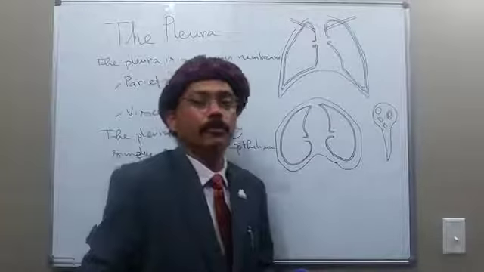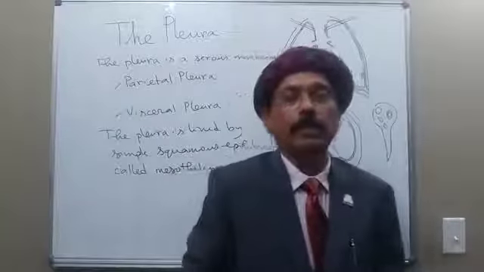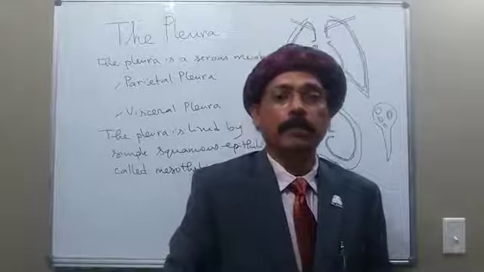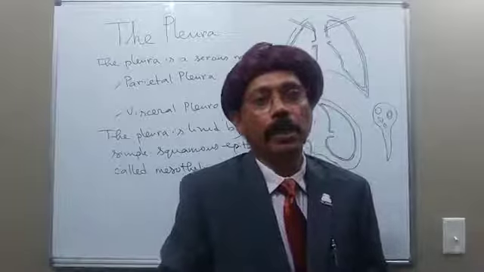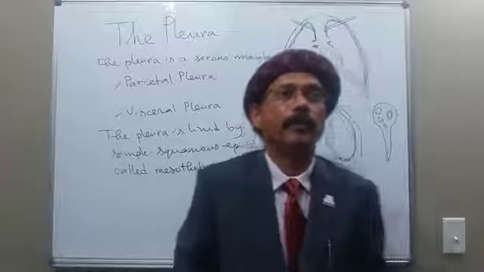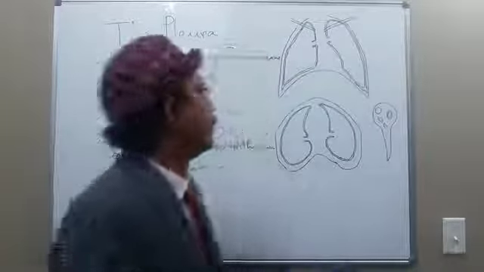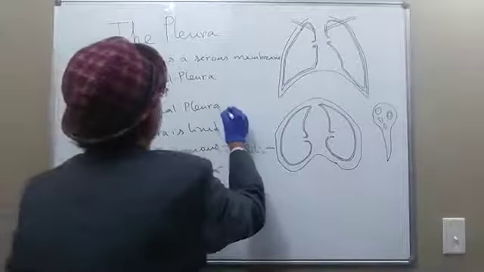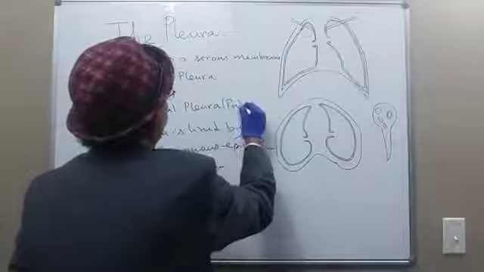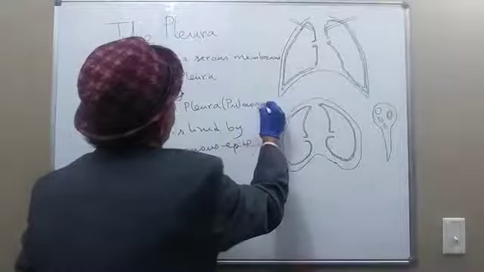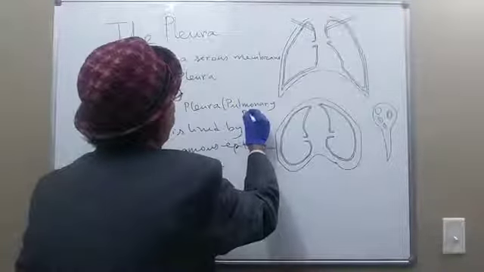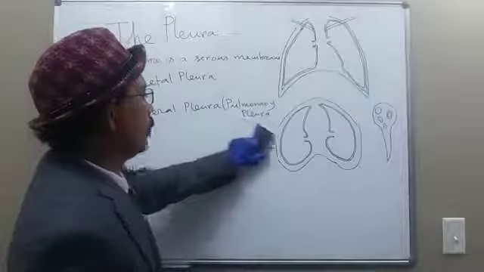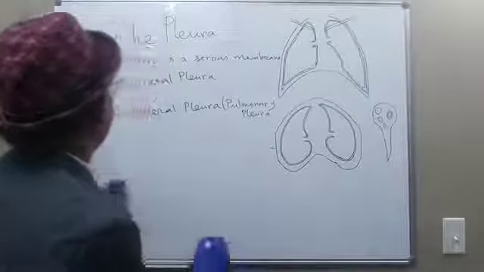The mesothelium is also found in the peritoneum and in the pericardium. Okay, we got that. So visceral pleura is also called pulmonary pleura. And the parietal pleura has divisions.